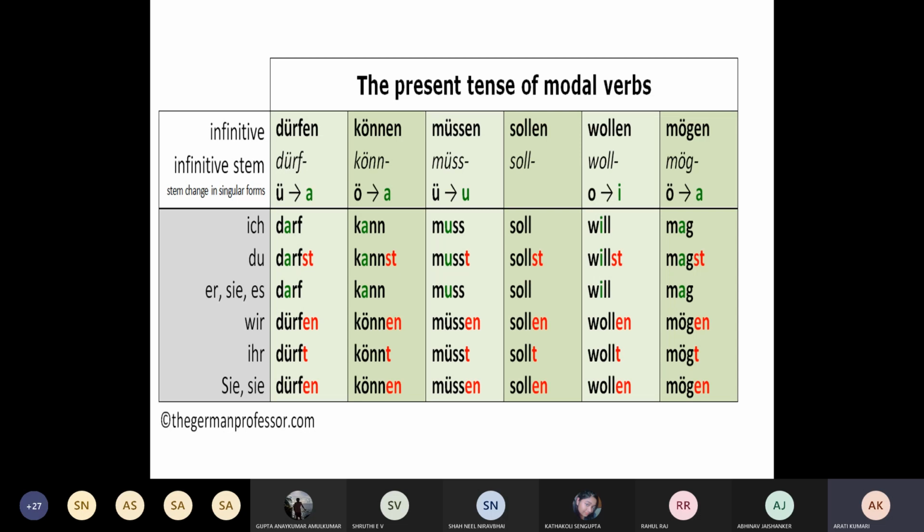Now here in the chat box, I have mentioned one more, möchten.